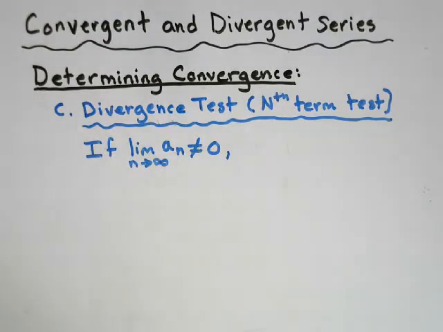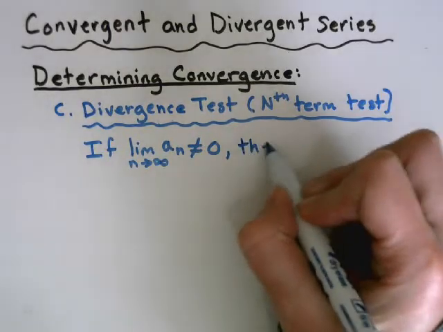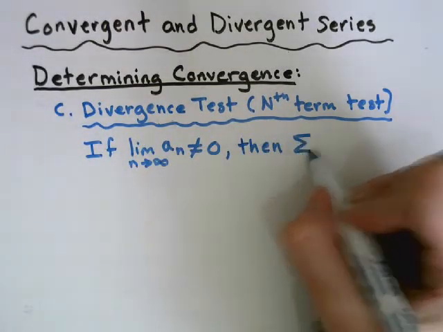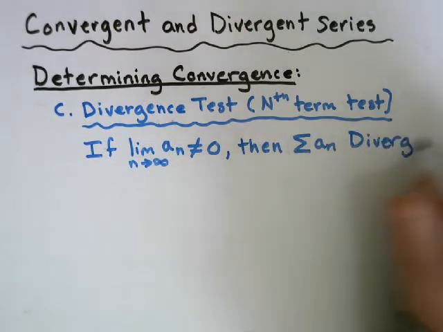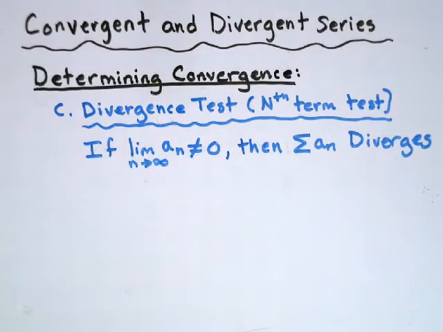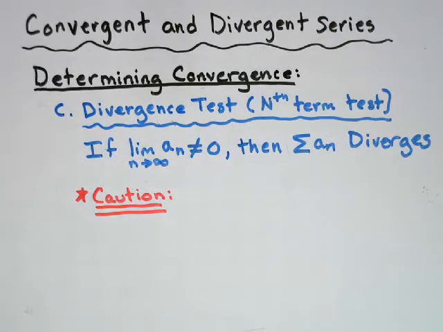You are adding something of some quantity, which means the series has to diverge. So if the limit is anything but 0, then the series diverges. It's called the divergence test because you will determine if it diverges.